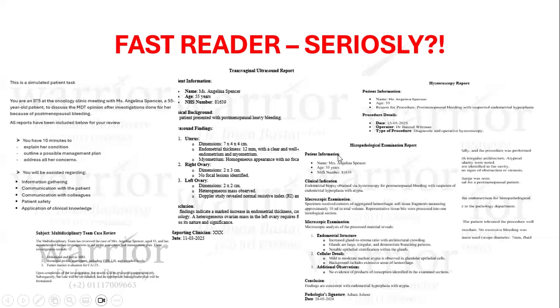All right, histopathological examination report, name and age, and the conclusion finding is endometrial hyperplasia with atypia. Here is the multidisciplinary team case review. Again, you will find the name, age, and the recommendation, which is further investigation in terms of MRI, hormonal profile, and CA125. Okay.